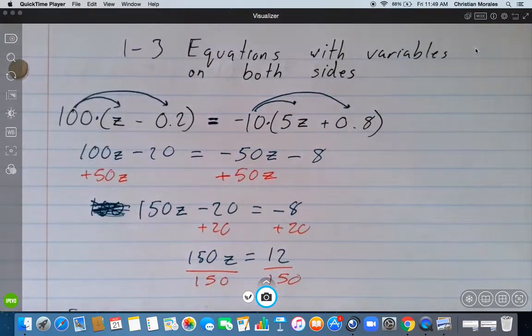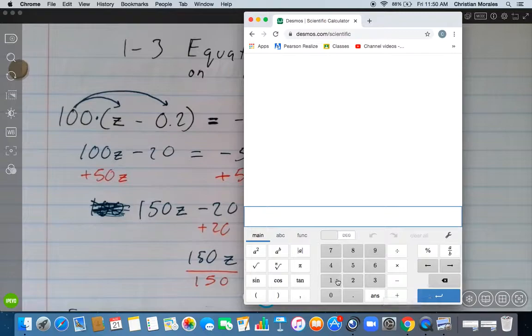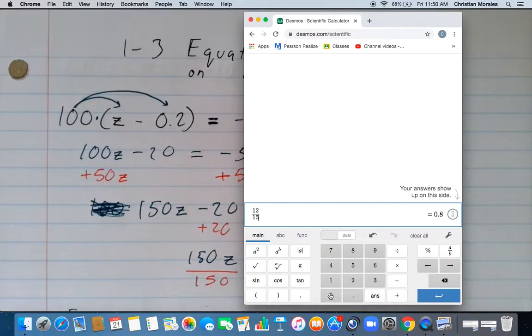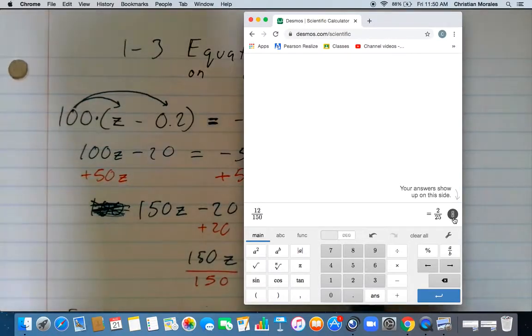Okay, so let me put that in the calculator because that one I don't know off the top of my head. So calculator, please. 12 divided by 150. Actually, you know what? I want to see the fraction. All right, so first, I'm going to write down this.